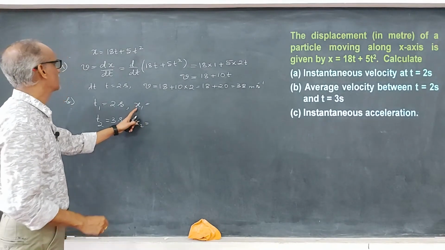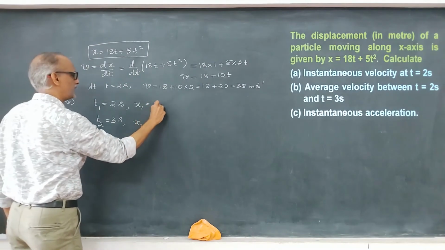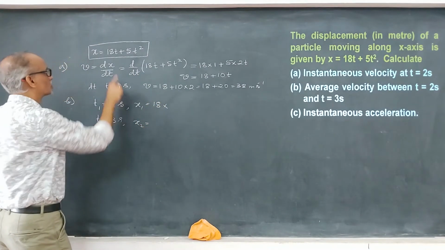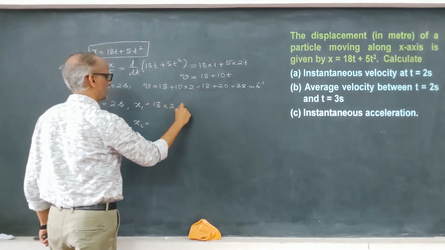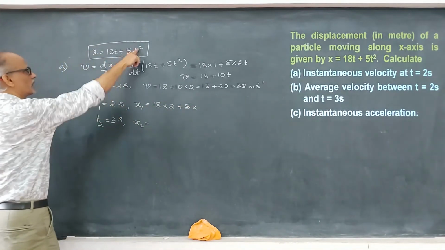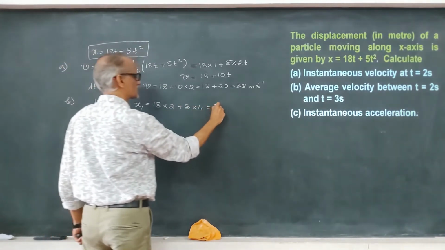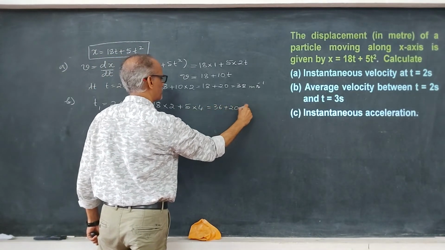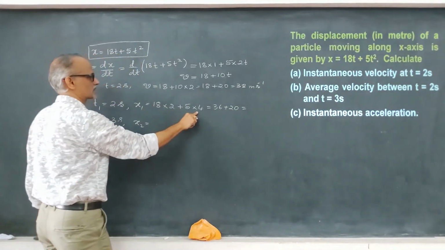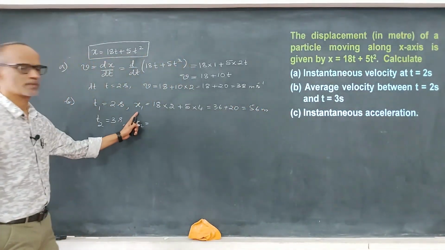To find that x1, I have to substitute here. So it is 18 into 2 plus 5 into 2 square, that is 4. This is 36 plus 20, that is 56 meter. This is the initial position, x1.